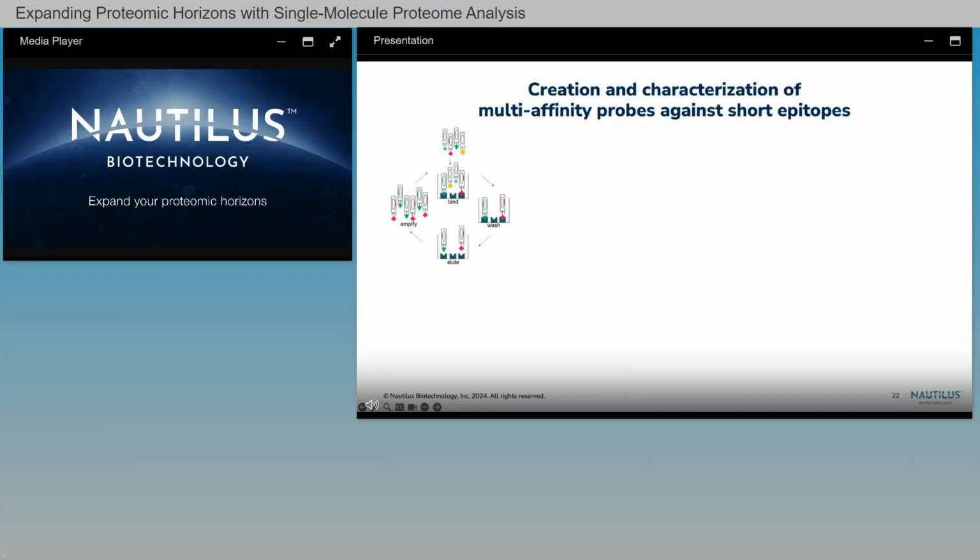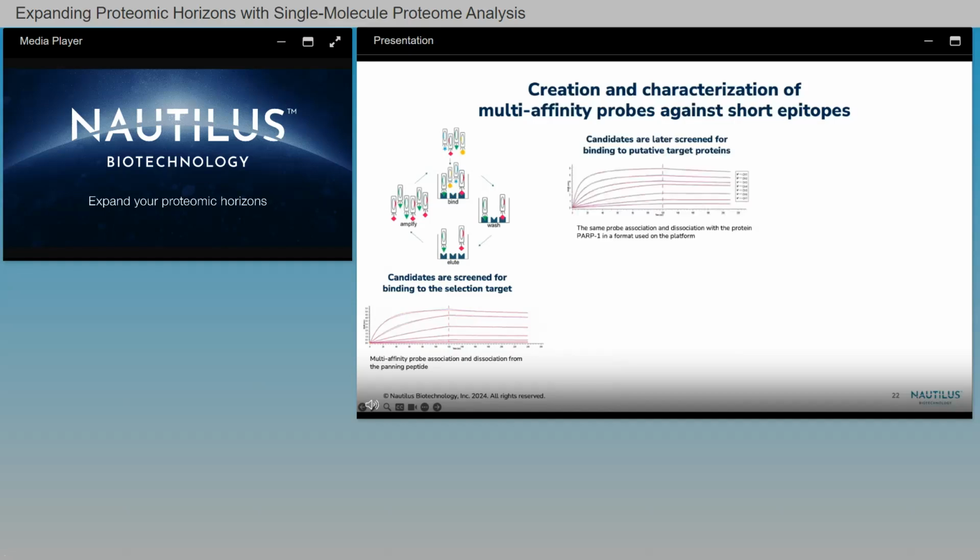For many of the reagents, we first developed them using a process called phage display, where we select for affinity reagents that recognize short epitopes. That leads to candidates, which we then test to verify that they in fact bound to the peptide target that they were selected for. That's the first layer of characterization, is just to make sure that they in fact bind to what they're expected to.